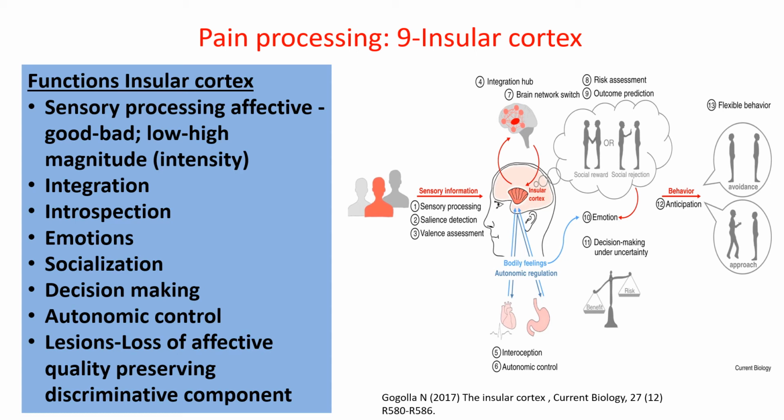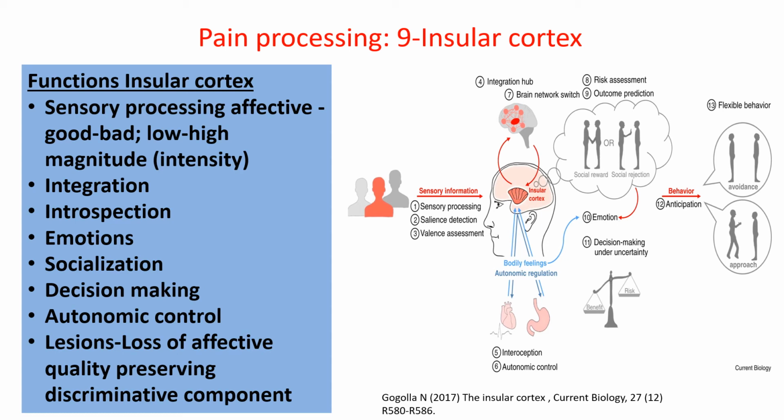Withdrawal from the social contexts is seen with a person subjected to pain. That means socialization, whether the person wants to mix or does not want to mix, the insular cortex does.